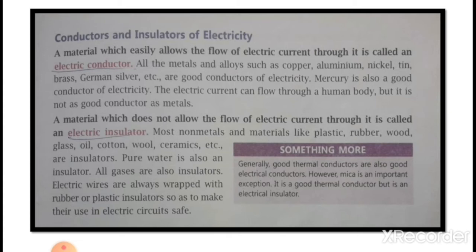Okay, and next one, all the gases are also insulators, and we are familiar that in our home, we can see the electric connections, right? We are familiar with the electric circuits, and the wires are always wrapped with the rubber or the plastic insulator so as to make them use in electric circuits safe. Okay.